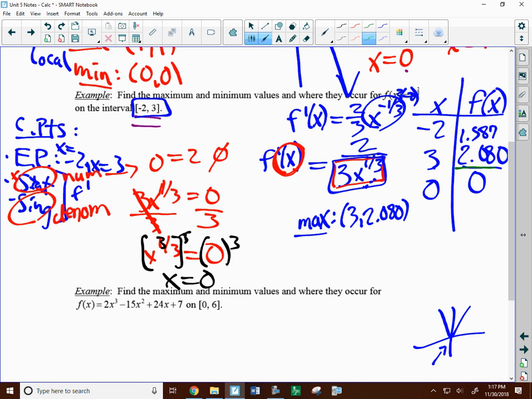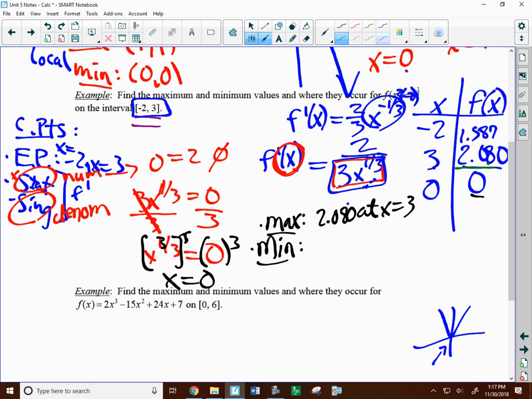So you can say the max is 2.080 at x equals 3. Oh, I said I was going to do it this way. If you already wrote this down, that's fine. The max is 2.080 at x equals 3. And the min, the smallest one, 0 at x equals 0.